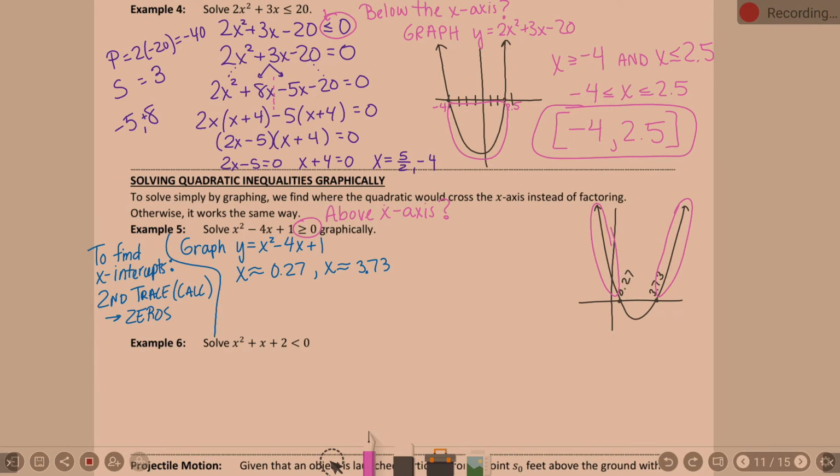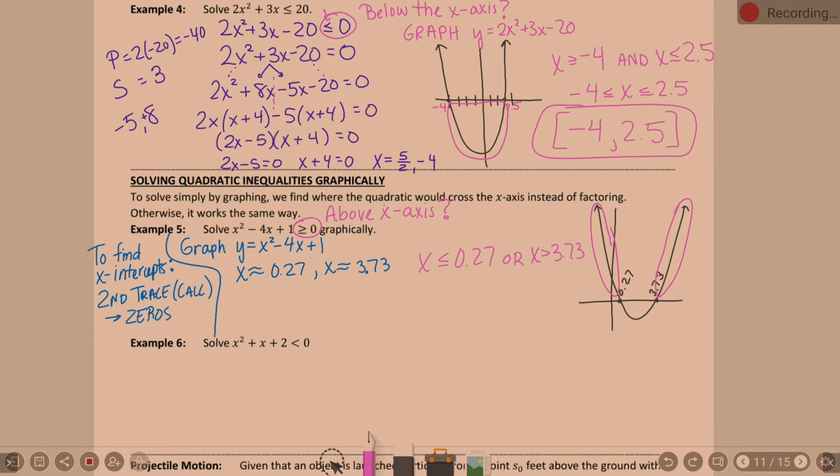If we write it as an inequality, it's x less than or equal to 0.27 or x greater than or equal to 3.73. Am I using equal to's on these? Yeah, it said greater than or equal to, so I'm using equal to.